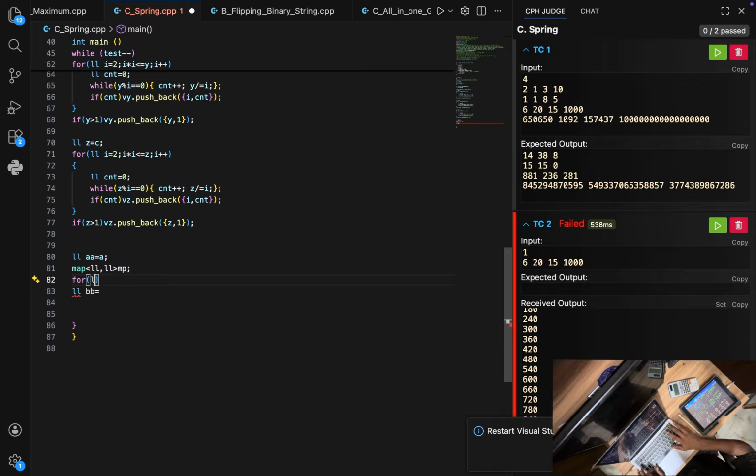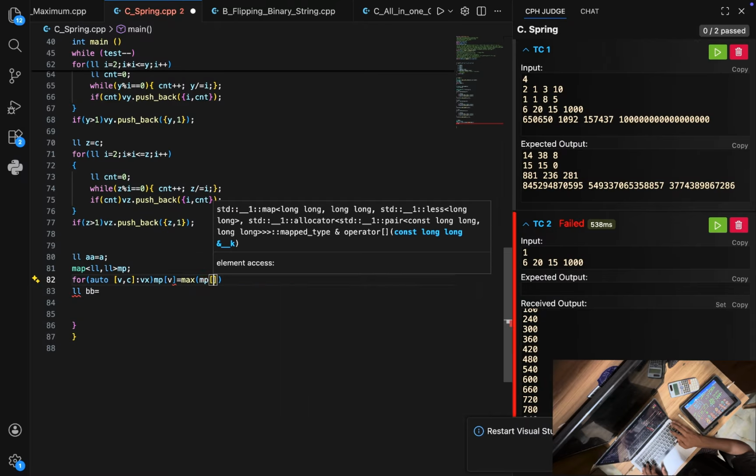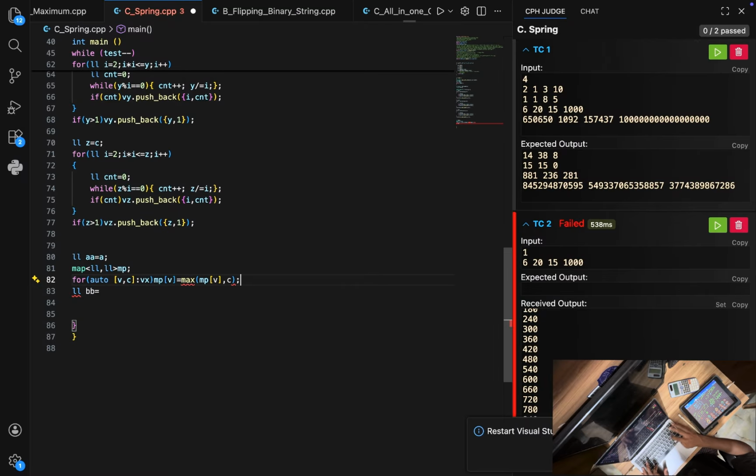I got for auto v comma c in vx, mp v equal to max of mp v comma c. Then again for auto ab. Okay, it should be same.